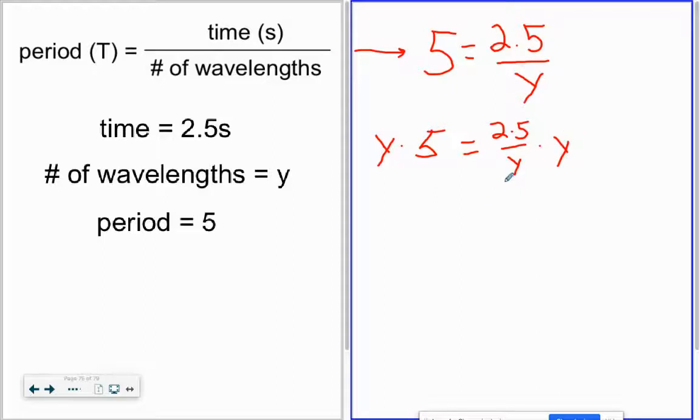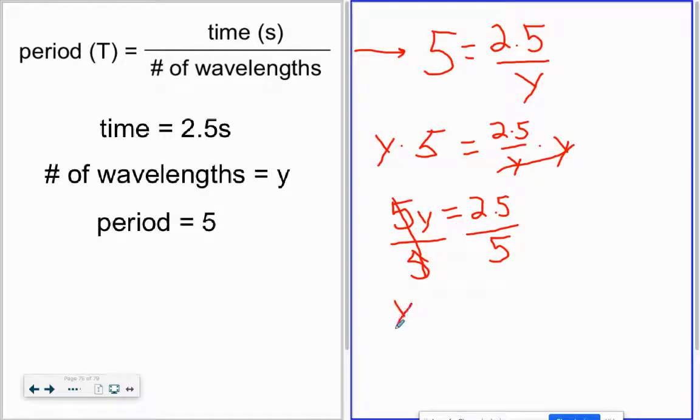I'm trying to cancel out the y on this side and put it over here. So I rewrite it 5y equals 2.5. Now if I want to get the y by itself, I will divide by 5 here, so I can cancel out the 5's and leave y by itself.